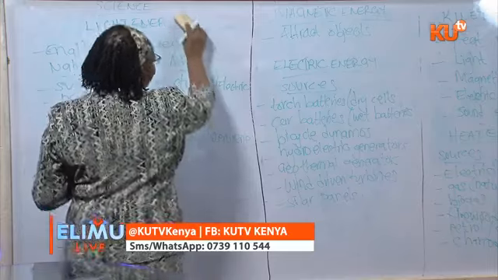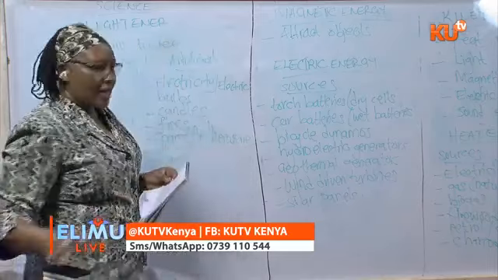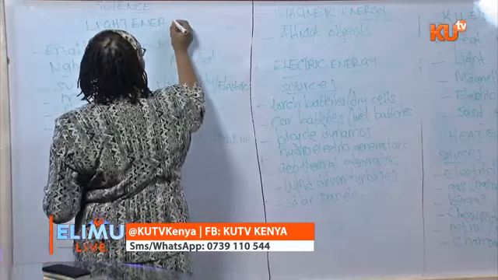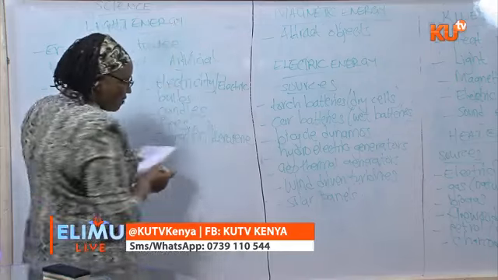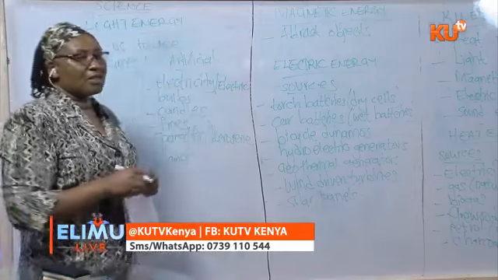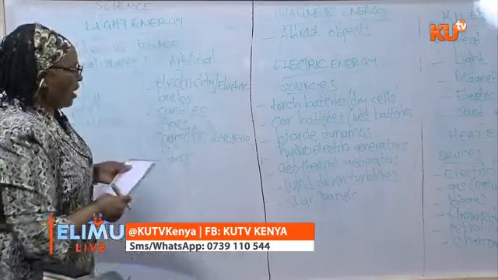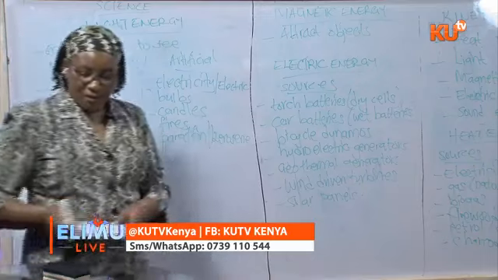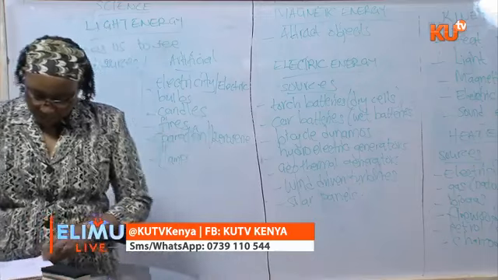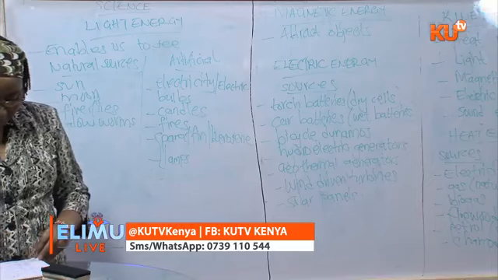I'm saying that we have the solar panels. They absorb the energy from the sun. After absorbing the energy from the sun, this is what is turned into electric energy, and those are the sources of electricity or electric energy.